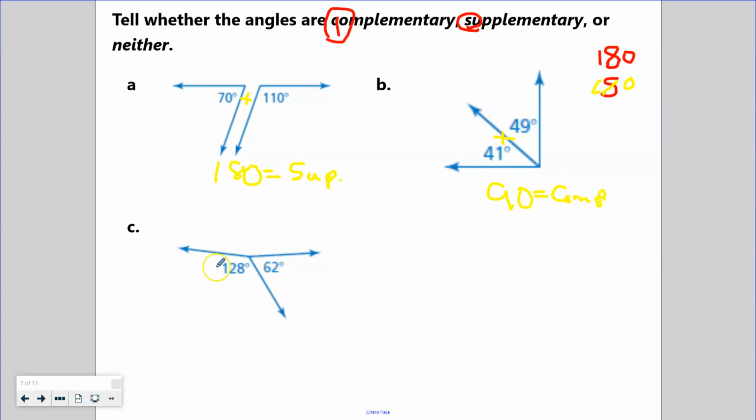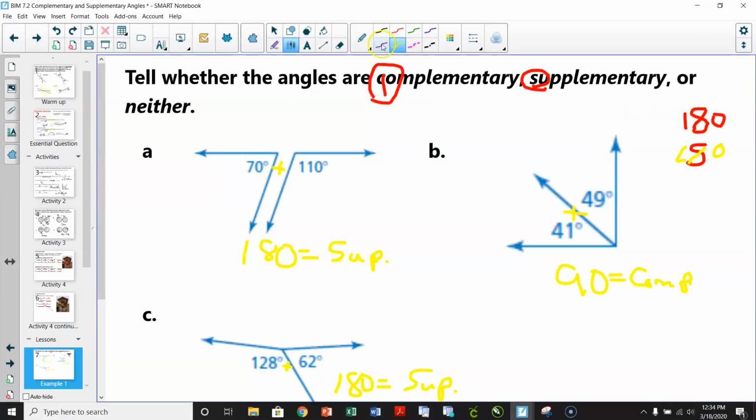And then finally right here, 128 plus 162, all right? So 130 plus 60 equals 180. And so I'd say that those are supplementary angles.